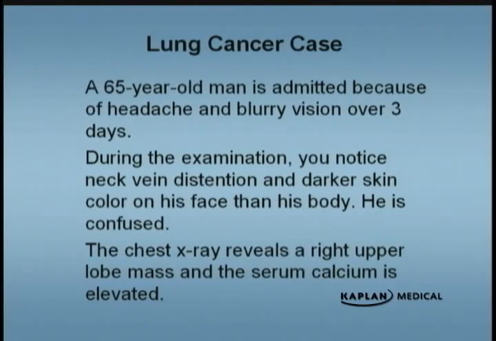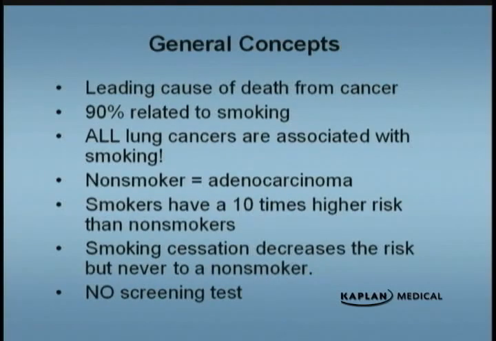So this is likely associated with squamous cell carcinoma. And then the big question here, since he is confused and he's got blurry vision and headache, right? What do you do next in this case? That's a very important question, and we're going to try to answer that with all the stuff that we talk about. So keep that in mind.